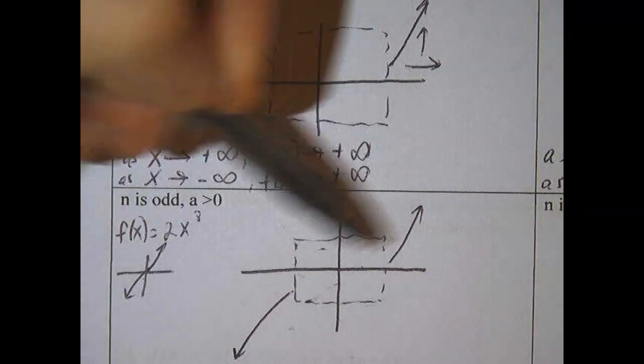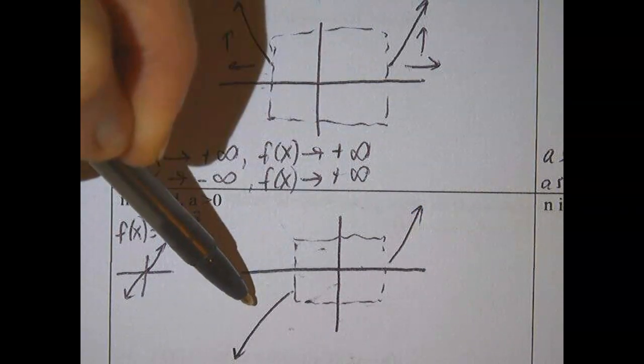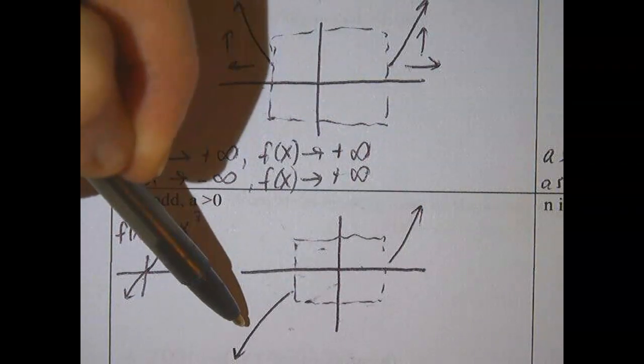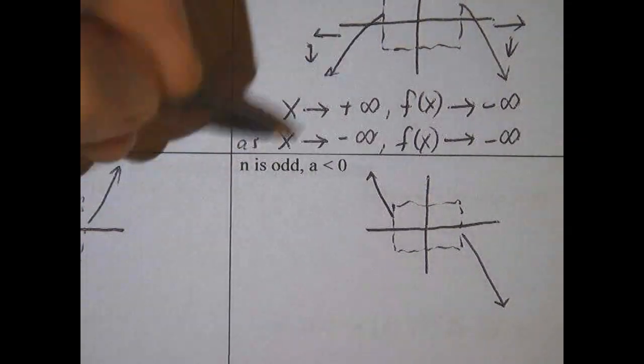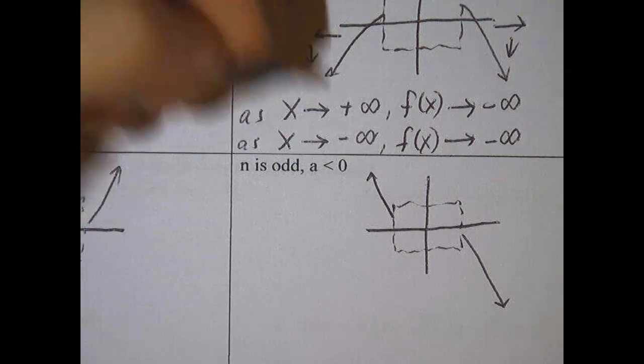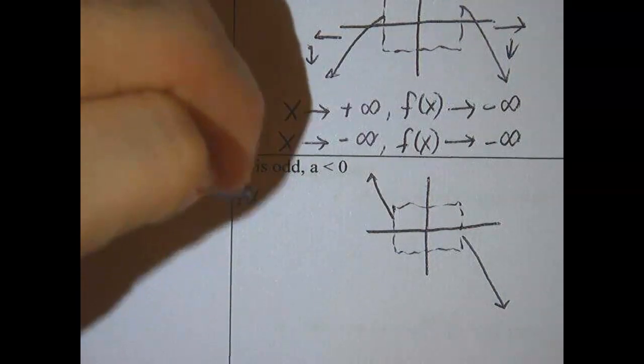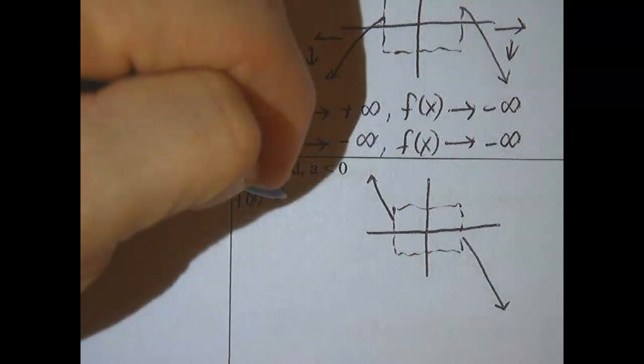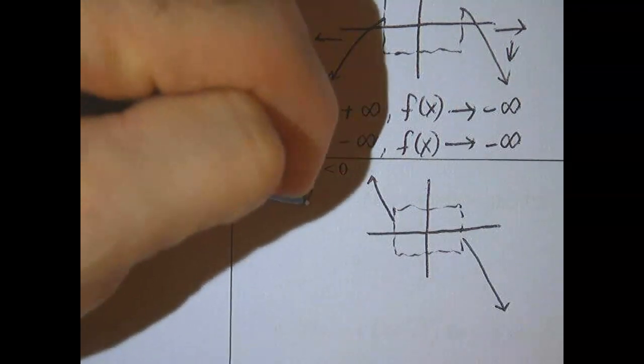But at the ends, that's what the power function is determining, what's happening at the greatest and the least possible values. And over here, an example of this one would be where n is odd but a is less than 0. That might be something like f of x equals, let's say, negative 3x to the fifth.